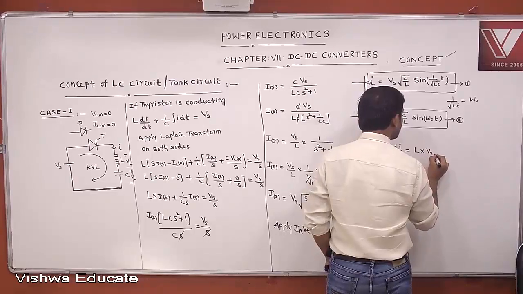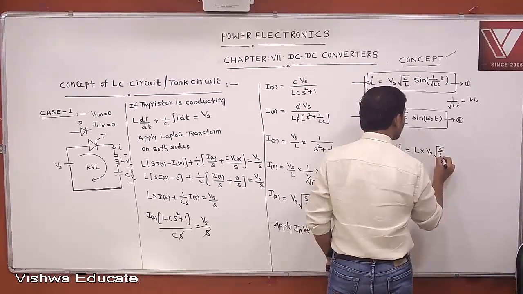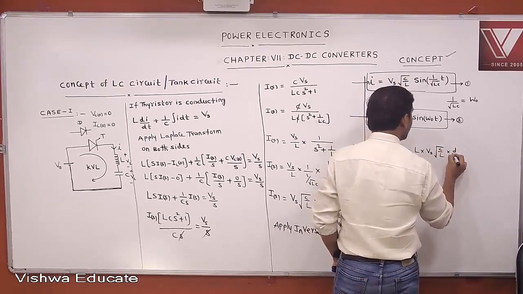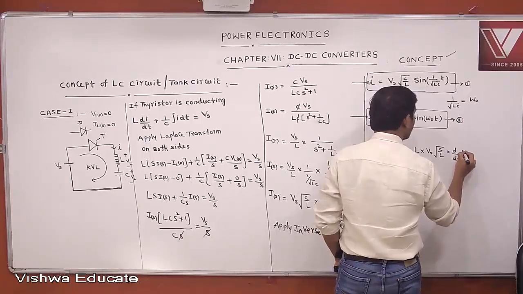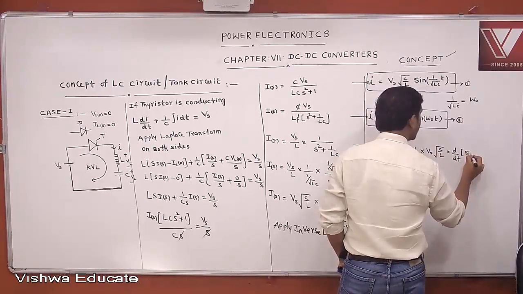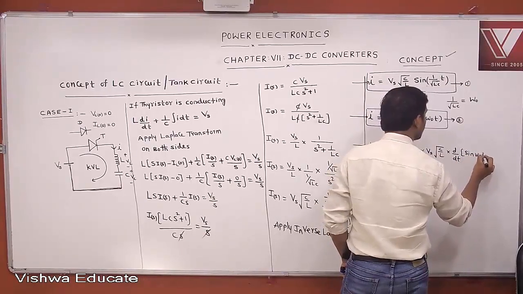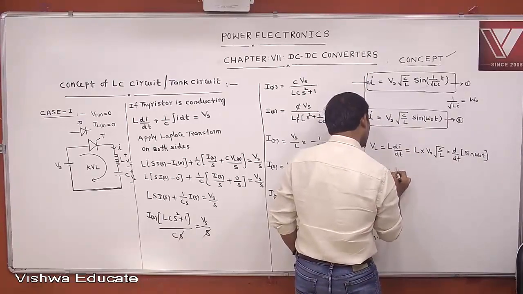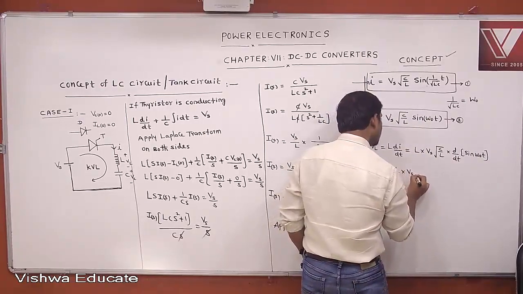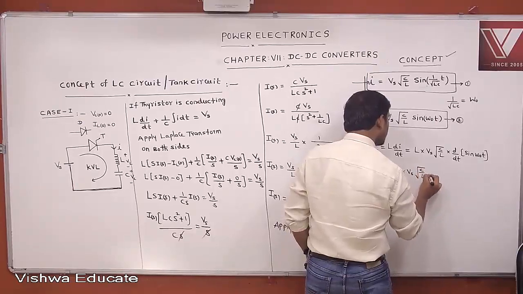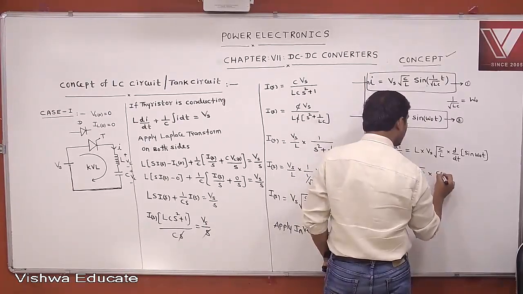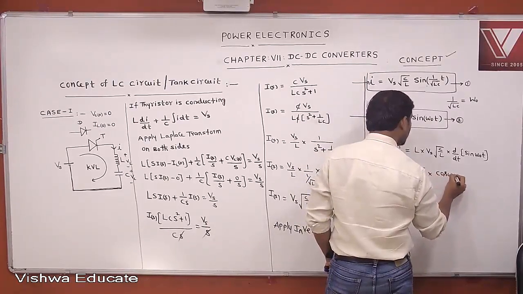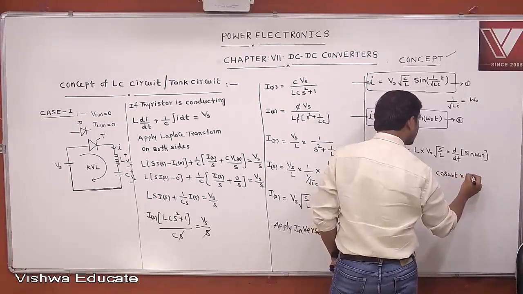That is Vs into square root of C by L into d by dt of sine omega naught t. Then VL equal to L into Vs into square root of C by L into cos omega naught t into omega naught.